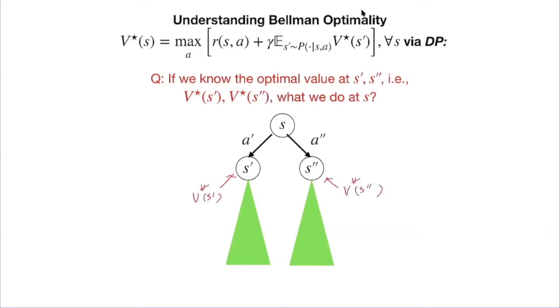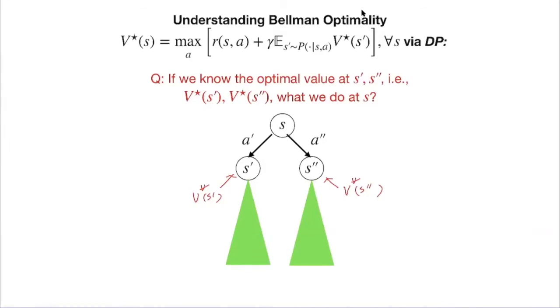So basically, below S prime and S double prime, I know how to behave optimally so that I get the optimal value at S prime and S double prime. So what should we do at state S if I tell you this information?